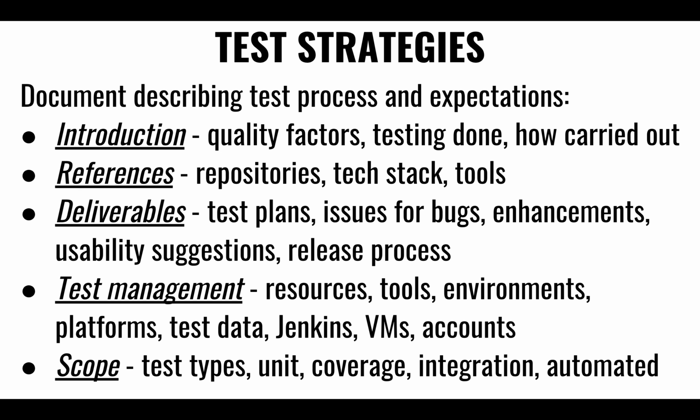Usually they'll write a test strategy document that will be a living document that changes over time, but starts off with introducing the different strategies that they're going to be using, what level of quality they're looking for, what the different environments are that they're going to be testing, and what types of tests they're going to be using, whether manual, automated, or integration tests, what machines and repositories they're going to be focusing on.